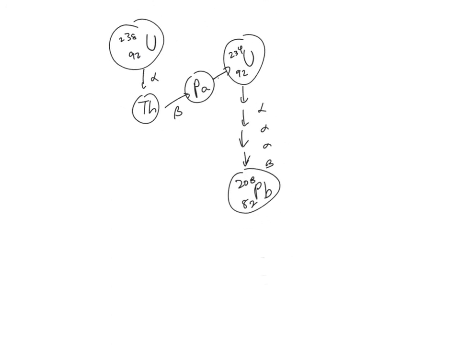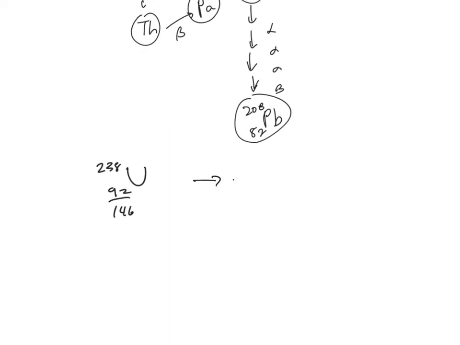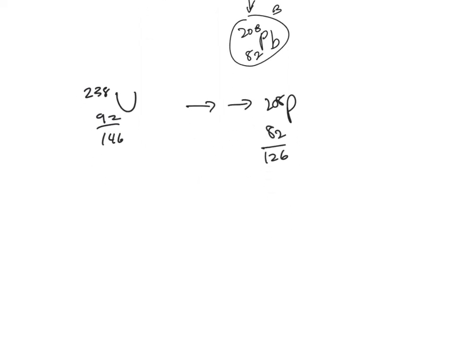So if you just look at the big change here, 92 over 238, difference is 146, forming lead 82, 208. The difference here is 126. Remember, 82 and 126 were those magic numbers. And so that is a motivation as well, that pairing of the protons and the neutrons.